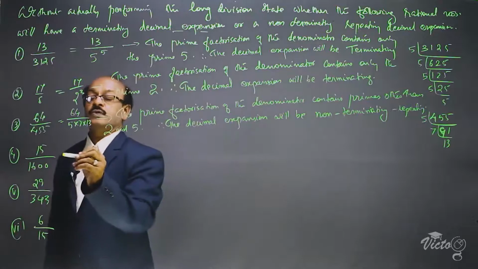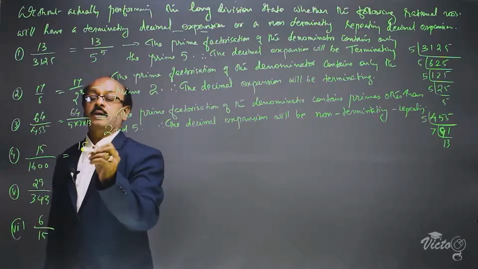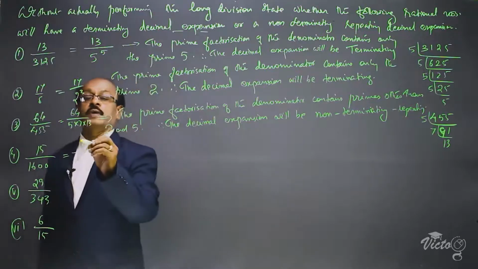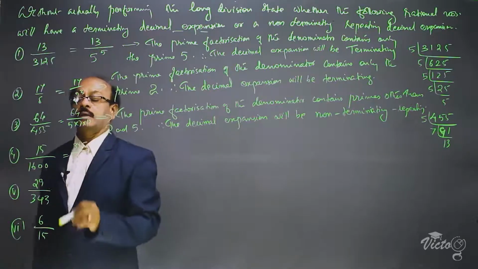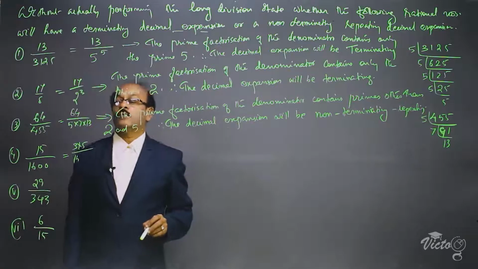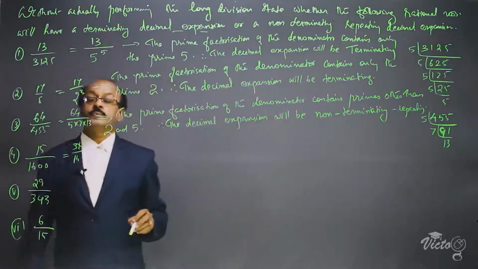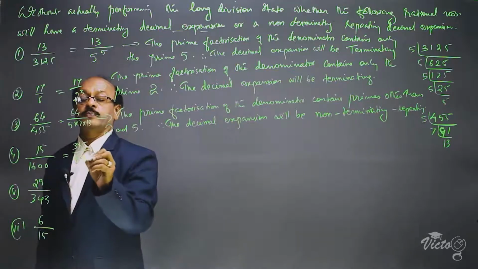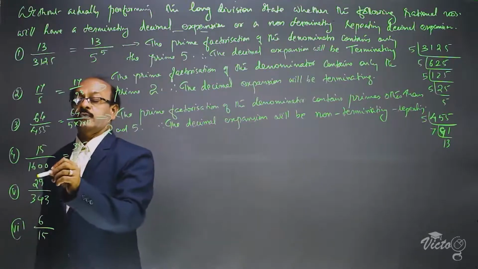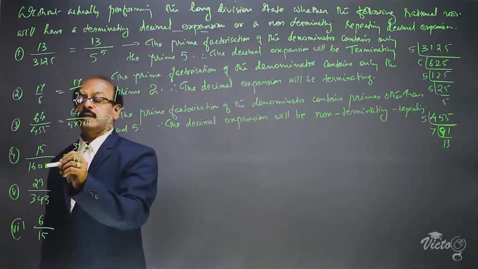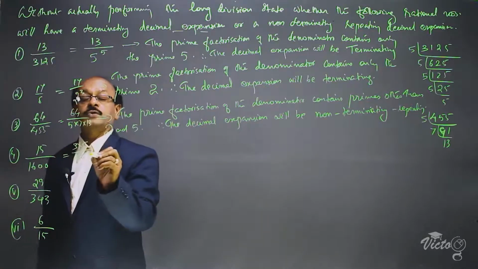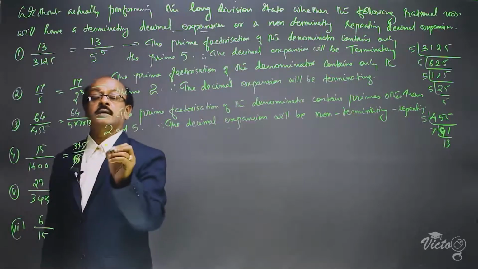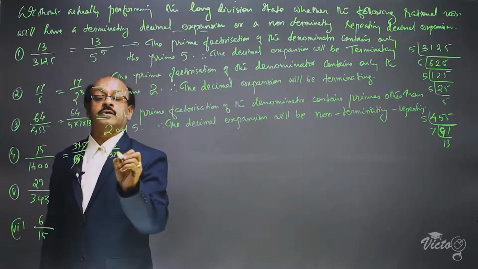Now, next one, 15 divided by 1600. We can split 15 as 3 into 5 and here also we can split 1600, dividing it by 5, it is 320. This 5 and 5 get cancelled, which is equal to 3 divided by 320.